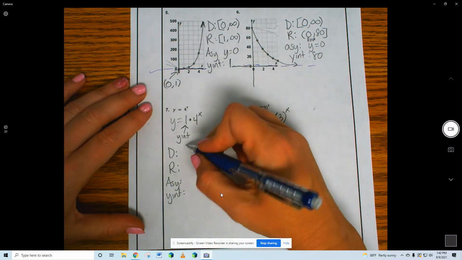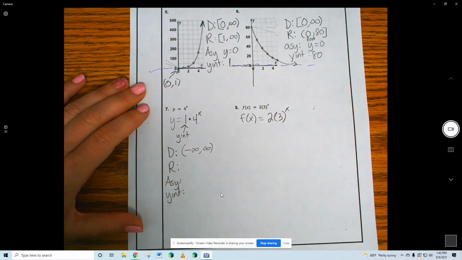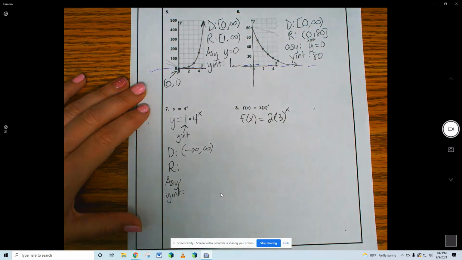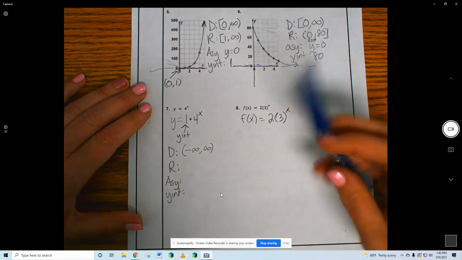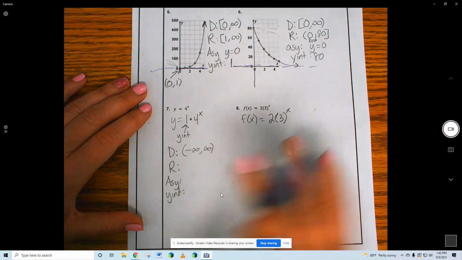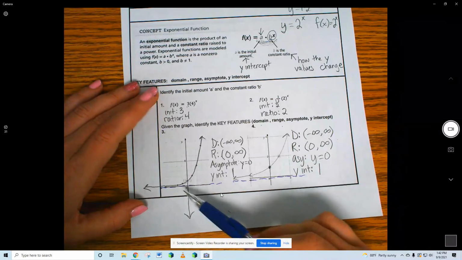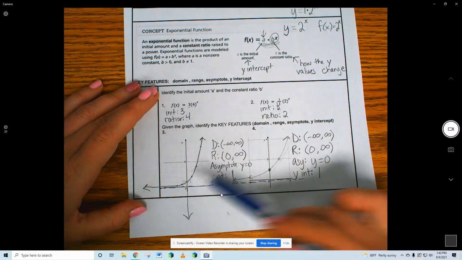It's going to be all real numbers. Negative infinity, positive infinity. The range is also going to be like these, guys. It's going to look like these. 0, infinity. The graph looks like 3 and 4.